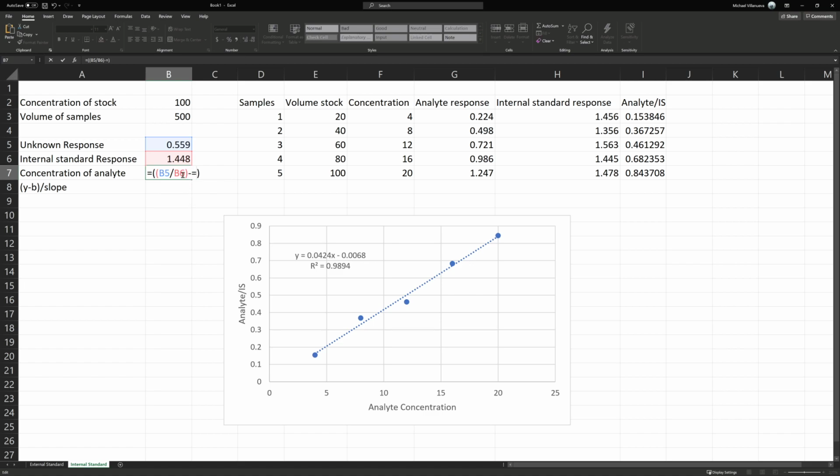So this is going to be equal to b, which is the y-intercept. So intercept right here. And it wants to know our y values. This is our y values. And then it wants to know our x values. So our x values are the concentration.